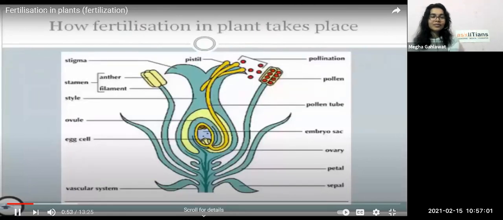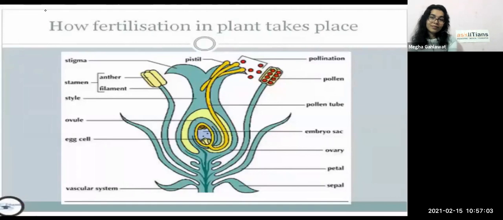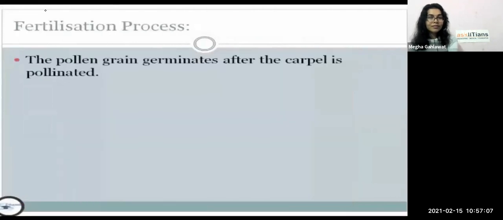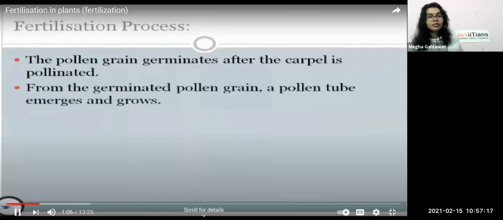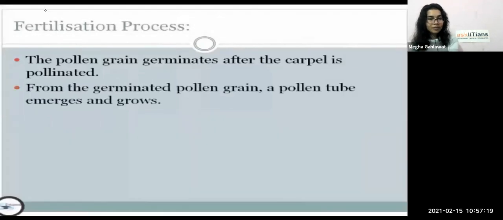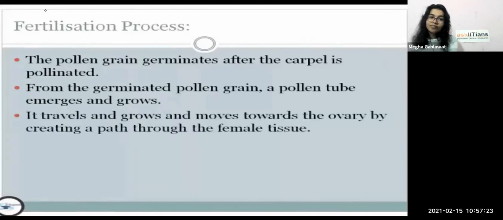So how fertilization in plant takes place? As you can see in the image, first, the pollen grain germinates after the carpel is pollinated. Another name of pistil is carpel. From the germinated pollen grain, a pollen tube emerges and grows.